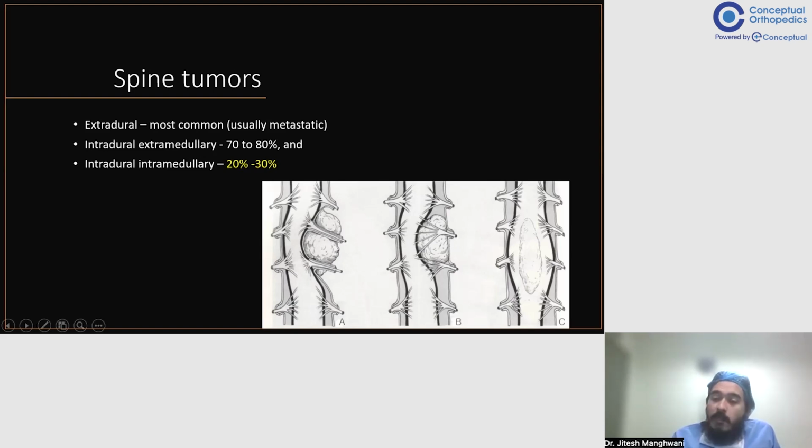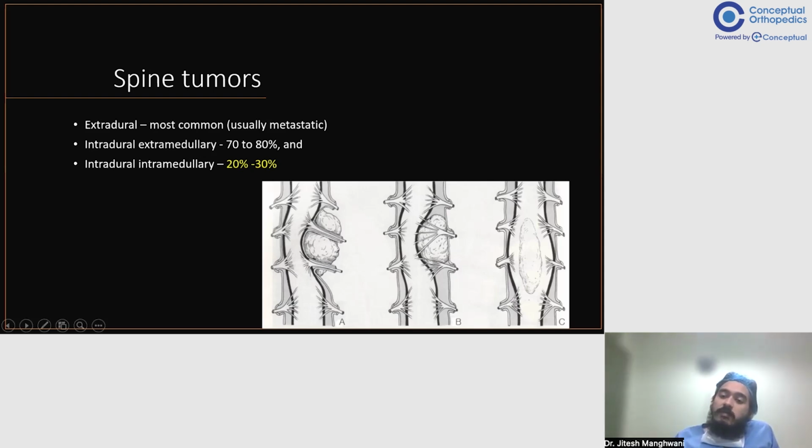Now, the one that is inside, but it is not engulfing the spinal cord. It is more of like a space occupying lesion, which is kind of causing compression on the elements of the spinal cord inside. That is intradural extramedullary. Extramedullary is basically, it is not engulfing the spinal cord elements.